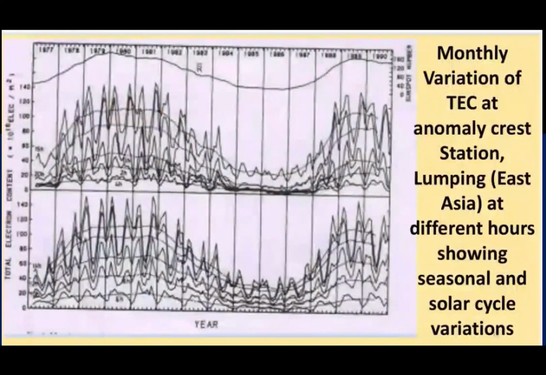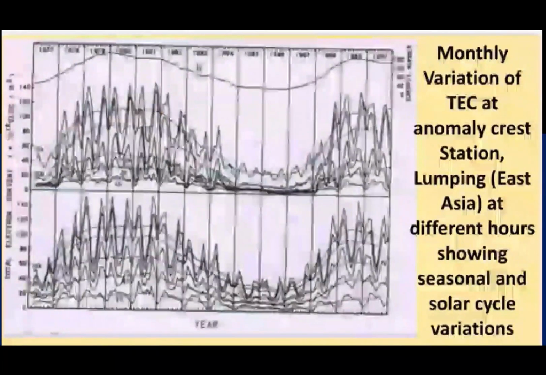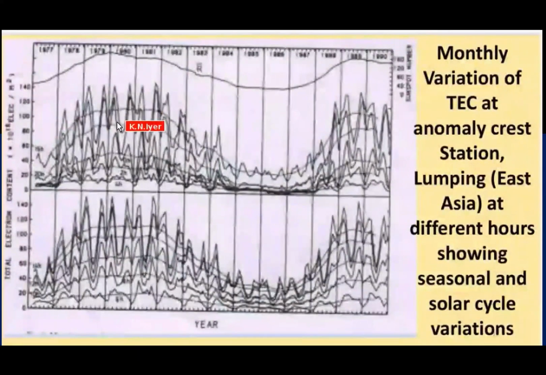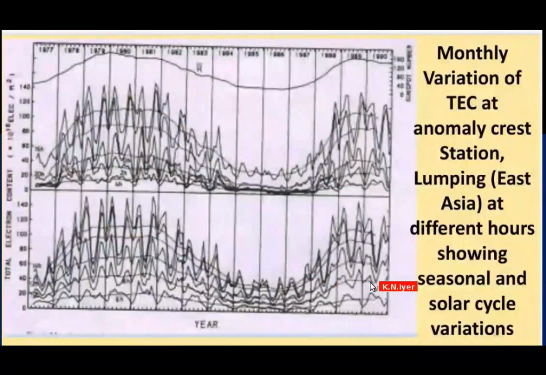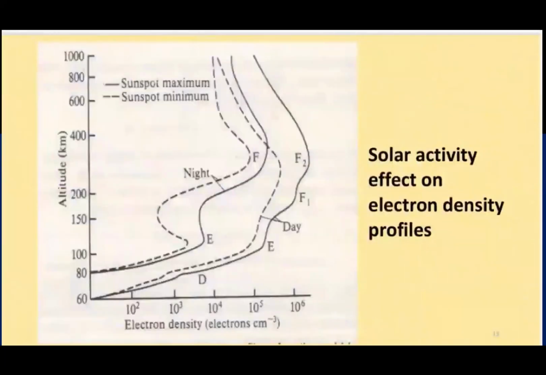That is the semi-annual variation we discussed earlier. And each curve is for different hours, like 12 noon or 10 o'clock in the morning or afternoon and so on. So at different local times, how the electron content varies over a long period of about 20 years is shown here. So this is a clear indication of the solar activity variation.